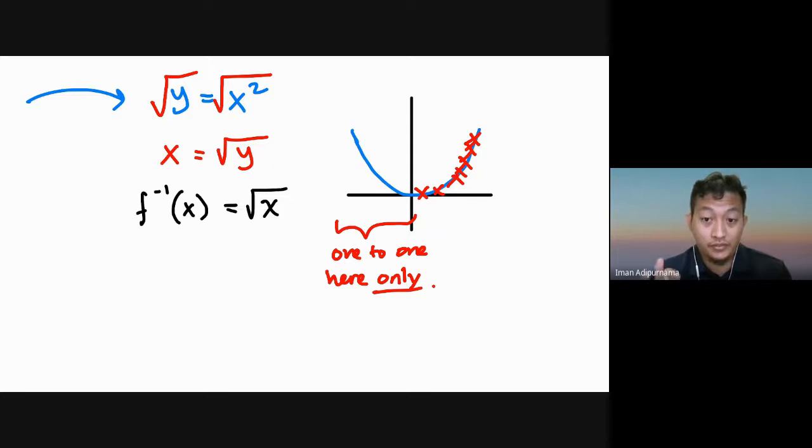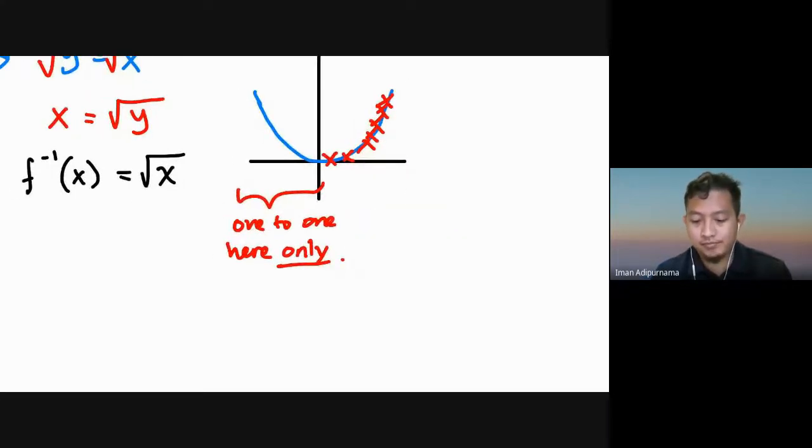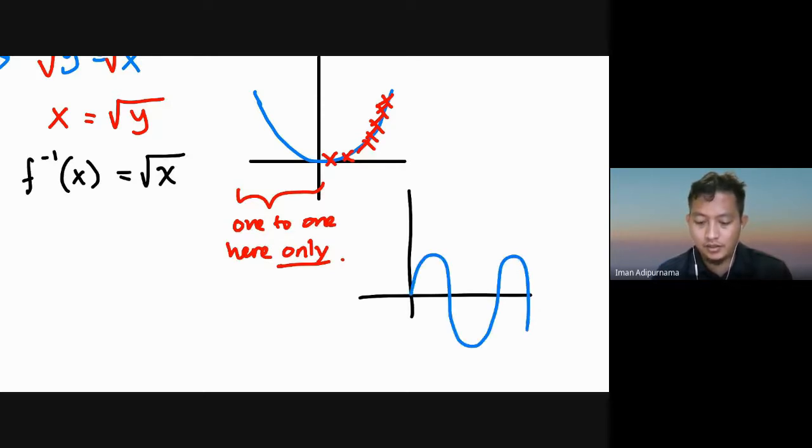So whenever you find a function like this, or maybe like this, the trigonometric, of course you will never pass the horizontal test, right? Because it has the same value over and over.